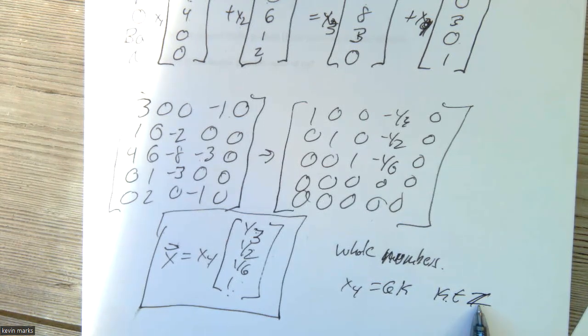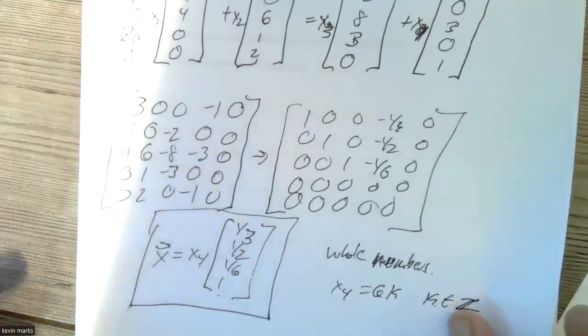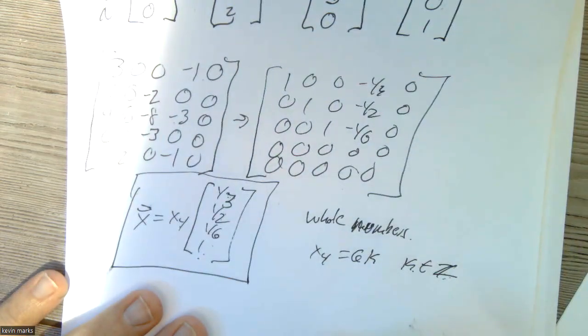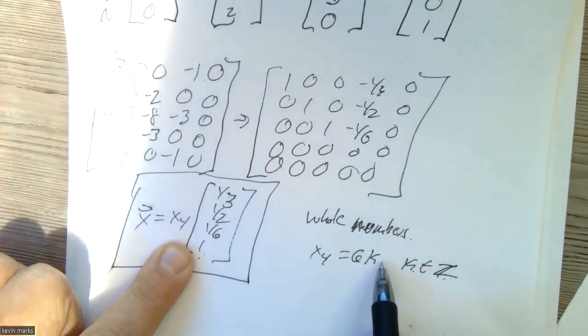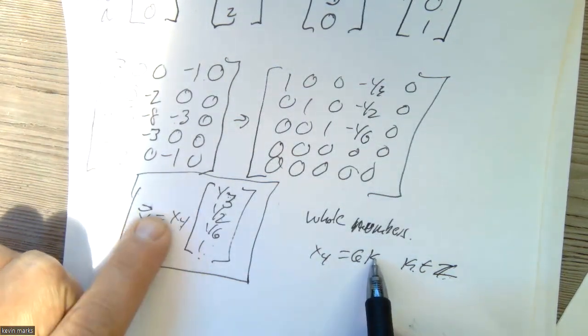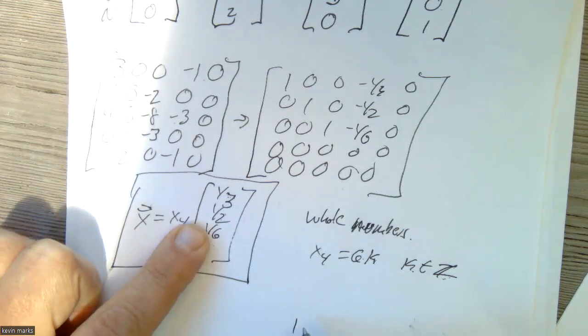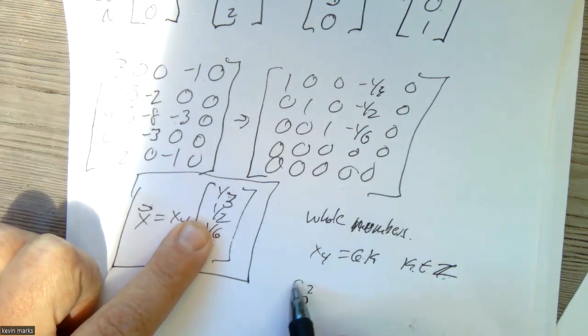So K, that Z, remember real numbers, it's like an R, but this is the lazy way of saying integer. So if K is an integer, x of 4 would have to be a multiple of 6, right? For example, if K were 1, then x of 4 would be 6. Then this would be 1, this would be 3, this would be 2, right?